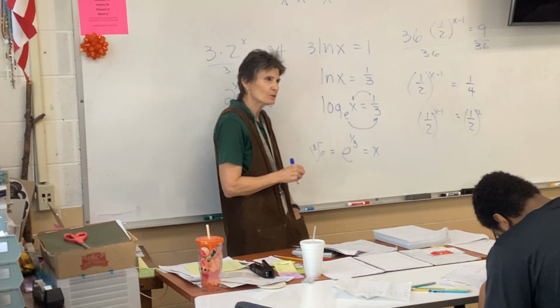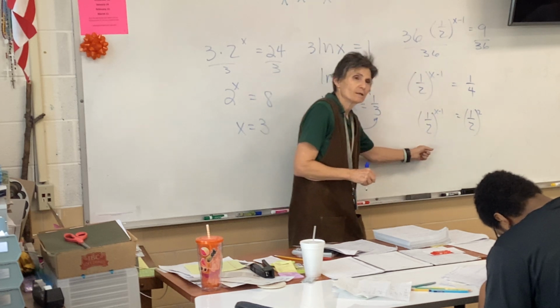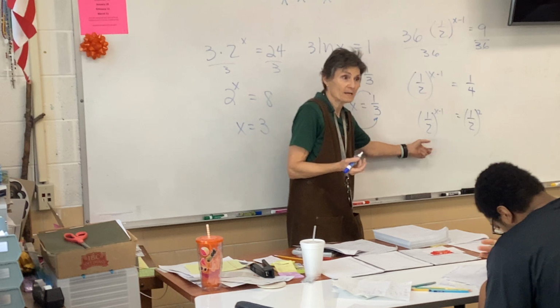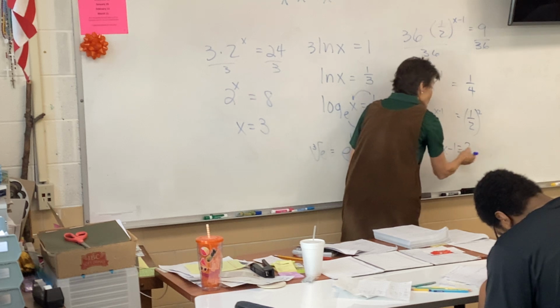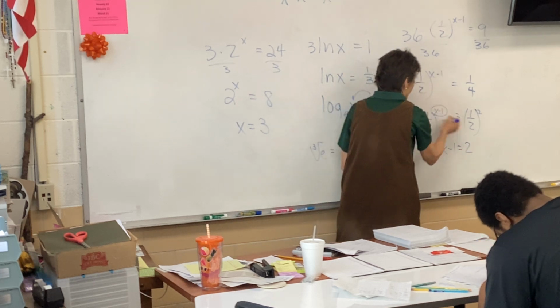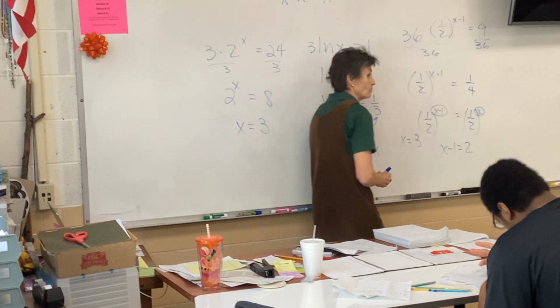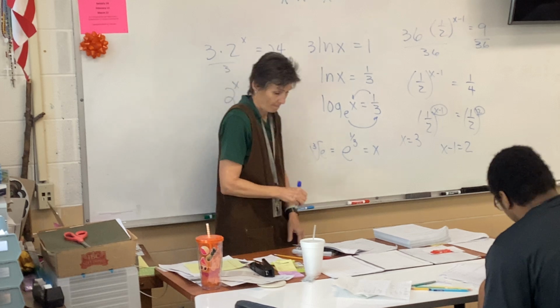And what am I allowed to do as soon as I get these two numbers to match? I'm allowed to forget them and solve the exponents. So x minus 1 equals 2. And the answer to the problem is x equals 3. Perfect.